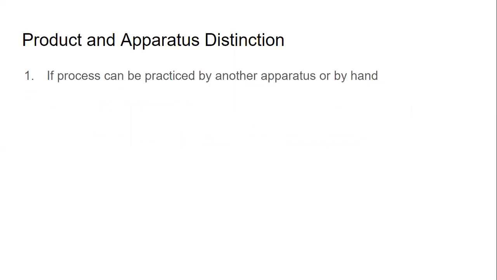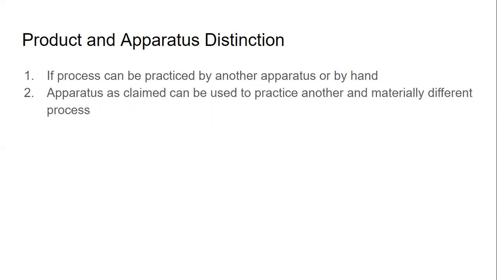Then for the product and apparatus distinction, remember those can be the same thing in a lot of cases. But a distinction applies if a process can be practiced by another apparatus or by hand, or an apparatus as claimed can be used to practice another and materially different process.